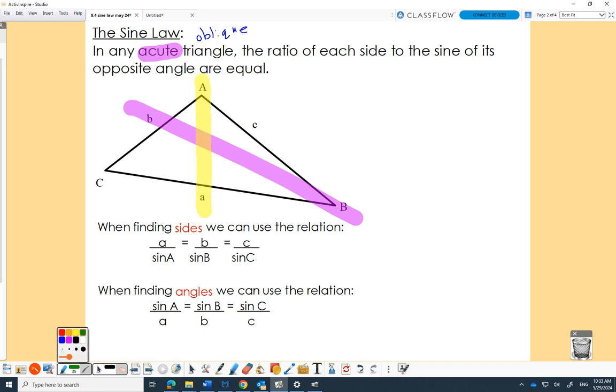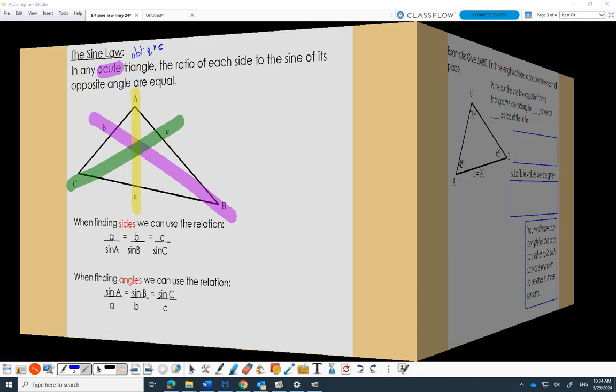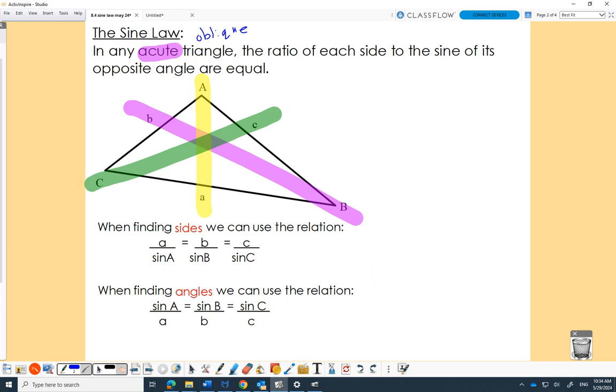I'll go green: C, C. Cookie. Sesame Street flashbacks here. And again, yes, I know about the Cs. It's unfortunate. See, right here, you're probably going to want to take that angle C and go big C, then you can see the difference.